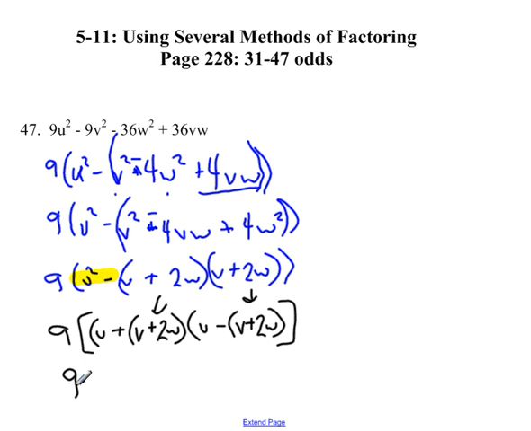Now just to simplify that, to get rid of the parentheses, this one will remain u plus v plus 2w, nothing to distribute. Here I have to distribute that negative sign to the v and the 2w. So it's u minus v minus 2w, and you're at your answer.